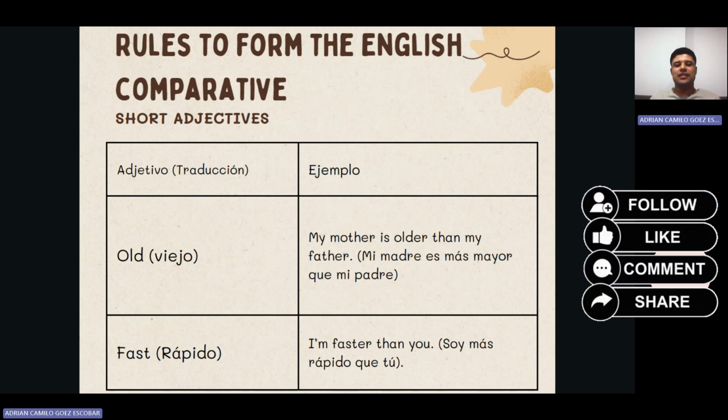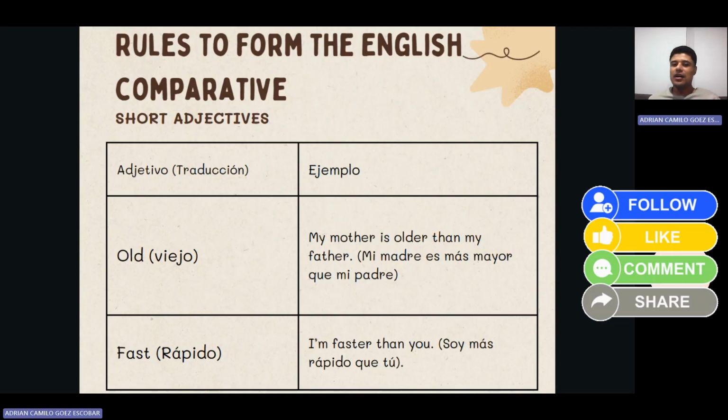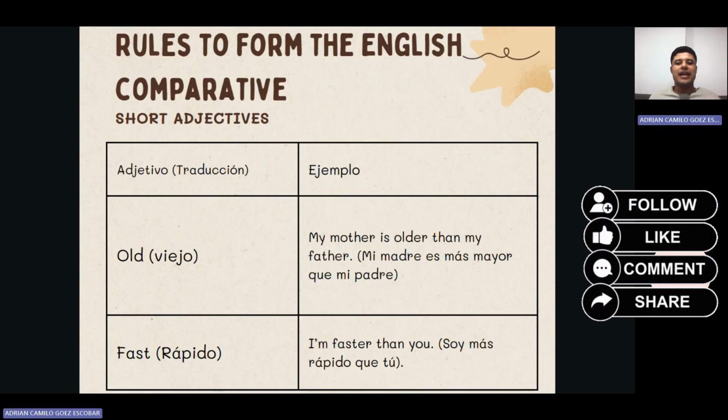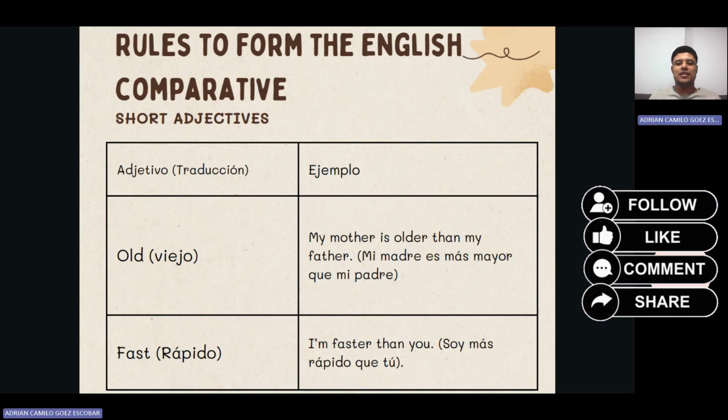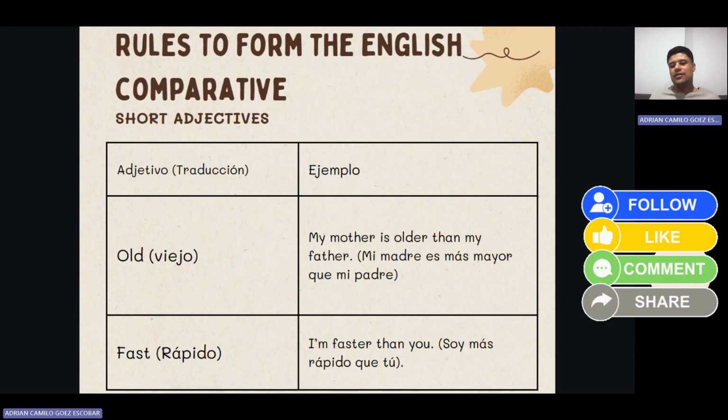A short adjective is one that has only one syllable, or in some cases two syllables ending in y. The general rule for forming the comparative of these adjectives is to add the suffix "er" to the end of the word.